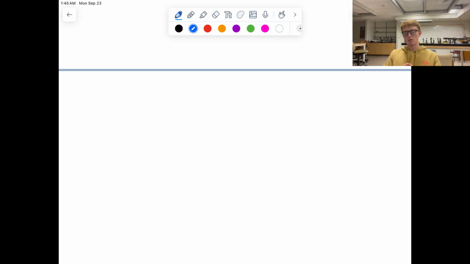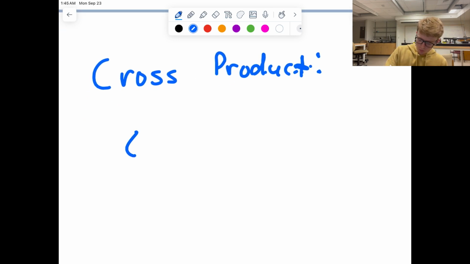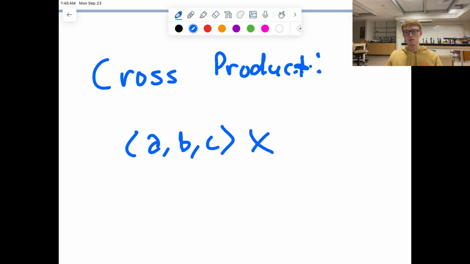Now let's talk about how to actually compute cross product. So let's write this out here, cross product. General form, A, B, C, cross, so that is the symbol that we use for cross product.